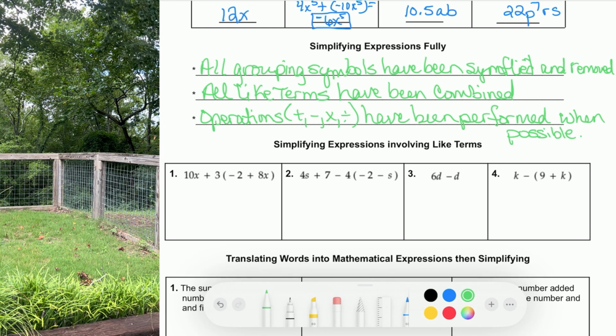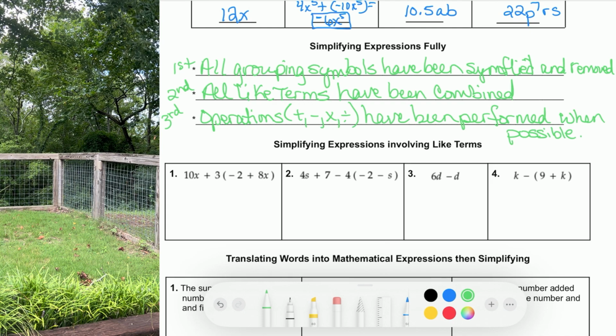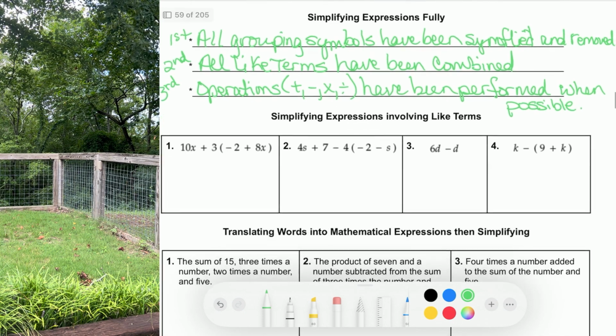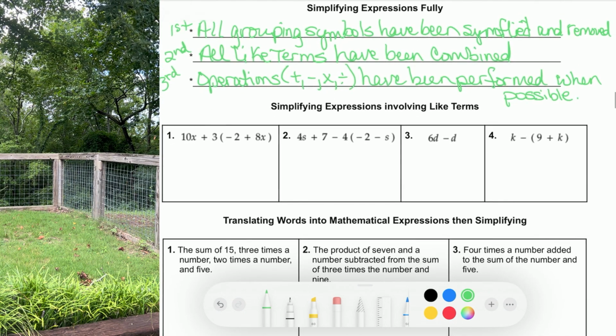All right, so this is what we need to focus on. And you need to go in that order. So this would be first, deal with our grouping symbols. Combine all like terms if you can. And that's going to be done through the operations of addition, subtraction, multiplication, and division when possible. So let's look at some examples here using these guidelines.